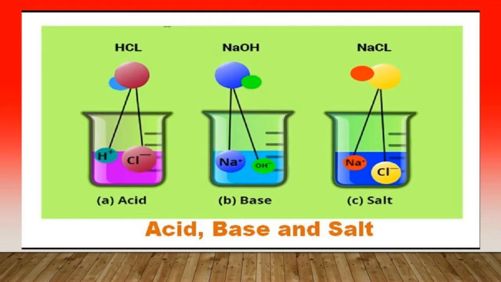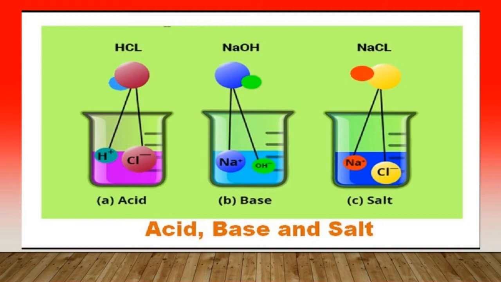Our body metabolism is also carried out by means of hydrochloric acid, that means HCl, which is secreted in our stomach. An acid is a compound which is capable of forming hydrogen ions, that is, H+ ions, whereas a base forms hydroxyl ions, that is, OH- ions.